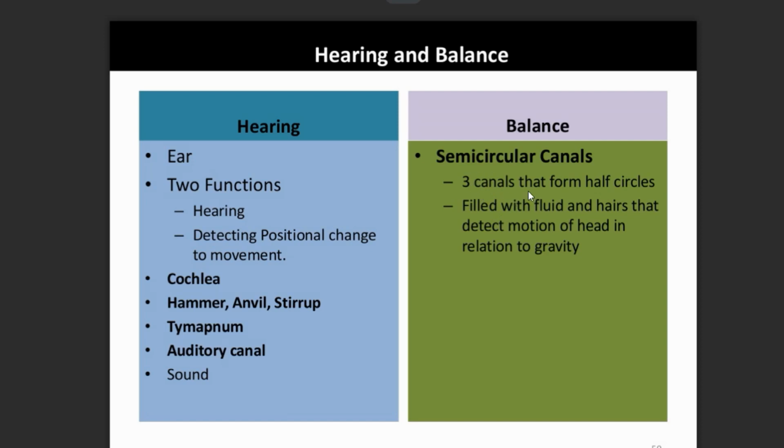There are three canals that form half circles, filled with fluid and hairs, which detect the motion of our head in relation to gravity.